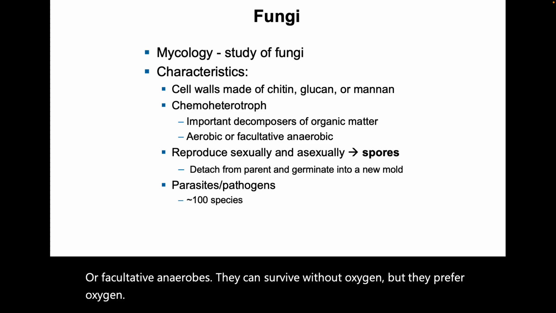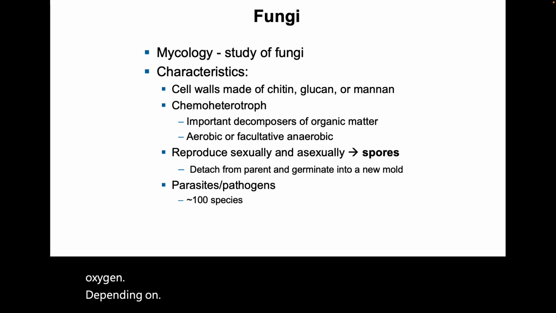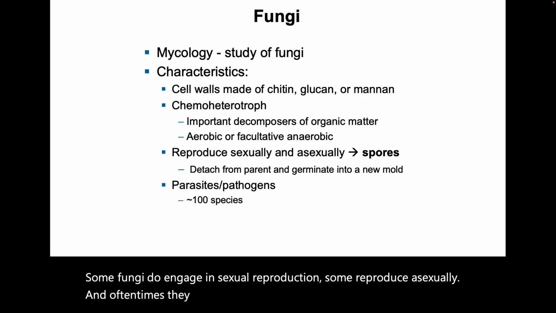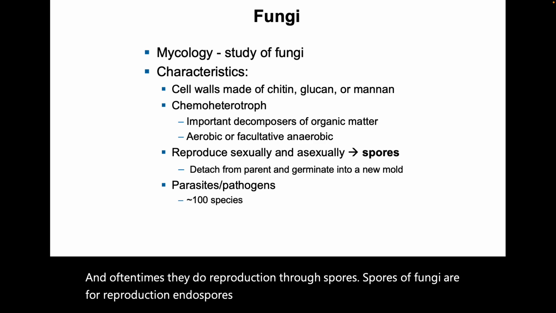Depending on the species, some fungi do engage in sexual reproduction, some reproduce asexually, and oftentimes they reproduce through spores. Spores of fungi are for reproduction. Endospores of bacteria are the dormant stage for survival. So don't confuse them.